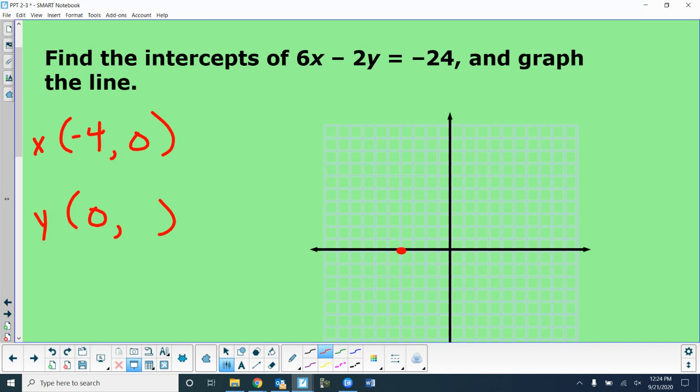Negative 2 times what is negative 24? Positive 12. So it runs off, there's 10, 11, let's say 12 is about there. And then we connect. Okay? So that's using intercepts to graph. Am I going too fast? You okay? We're good.